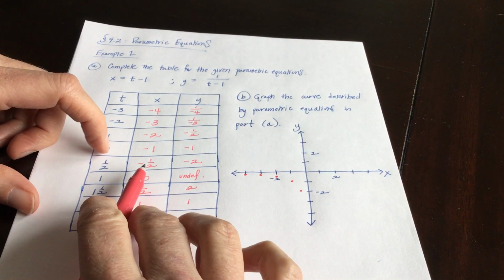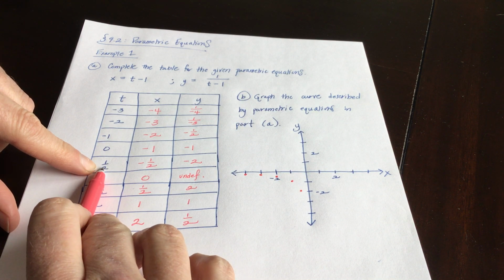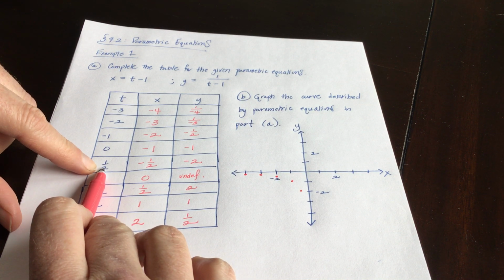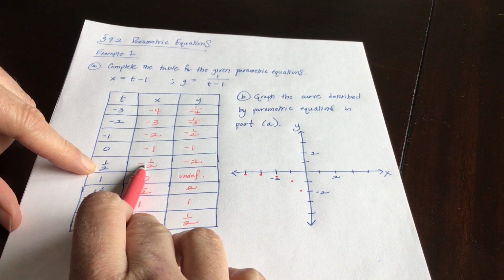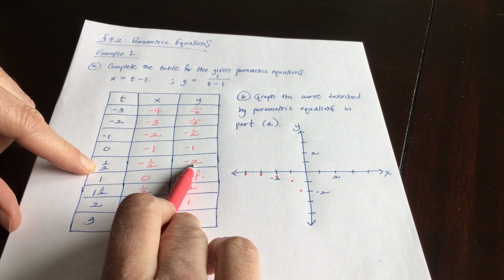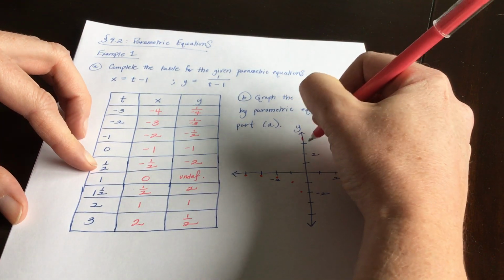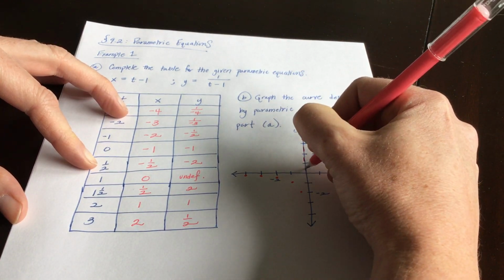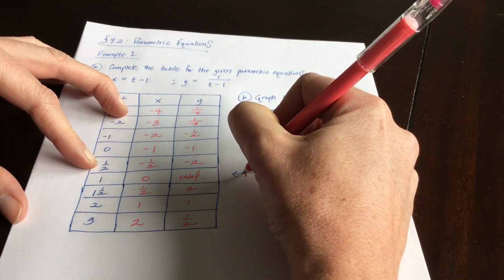In this case, you could see if you chose parameters that got closer and closer to 0, then you'd end up with numbers here that get closer and closer to 0 from the negative side, and then numbers here that get closer and closer to negative infinity. So this particular type of undefined is the vertical asymptote kind.